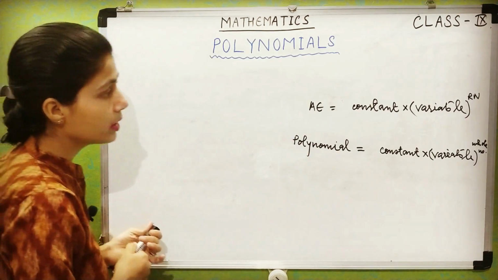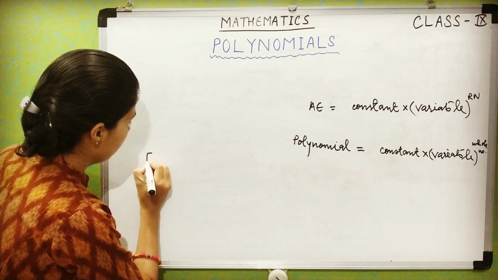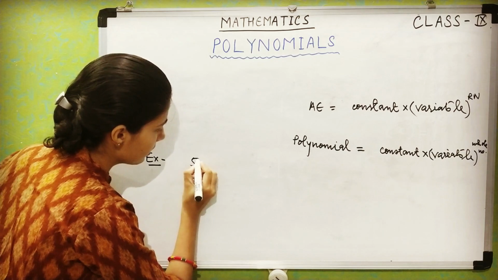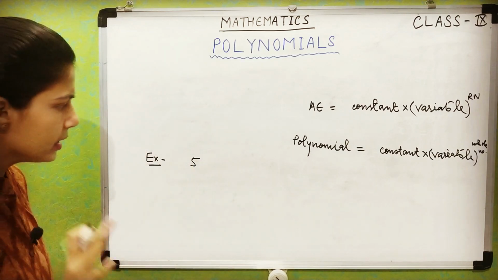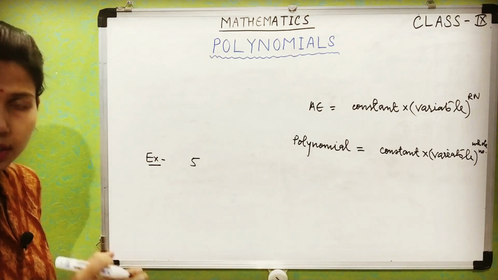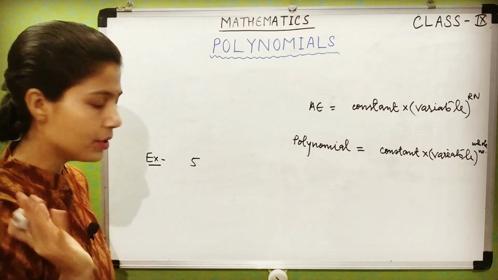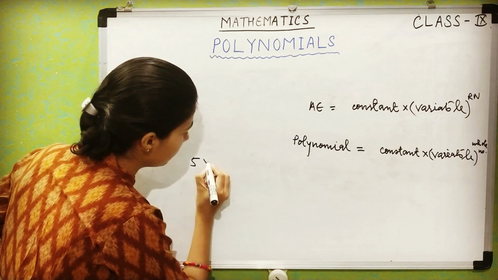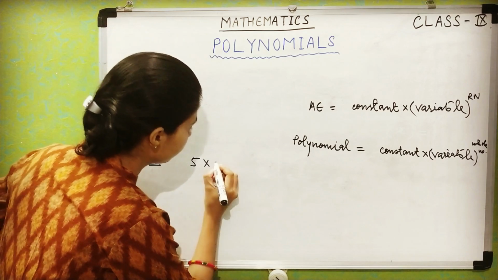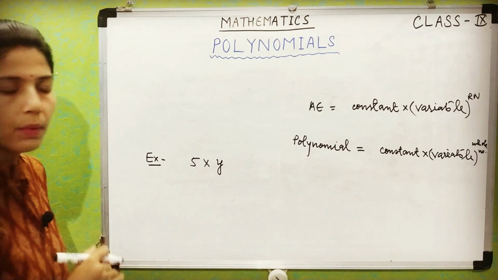Okay, so see here, I am taking here an example of polynomial. Constant means I have taken 5. You can take any number. Okay, it may be an integer, it may be a rational number, it may be an irrational number. So all the real numbers are what? Constant, into some variable. So x, y, z, you can take any one. So 5 into y, suppose, raised to power a whole number.